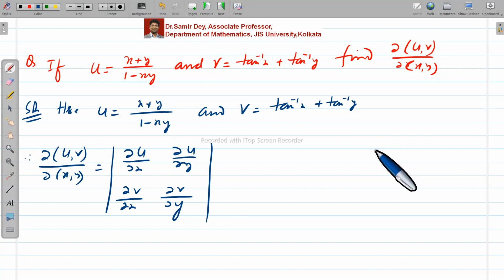So we need to calculate them separately. Here I'm writing on the right side of your copy in this slide, but during exam time you need to write line by line. It will be better if I can write as per exam time. So these are the unknowns, so please write down.